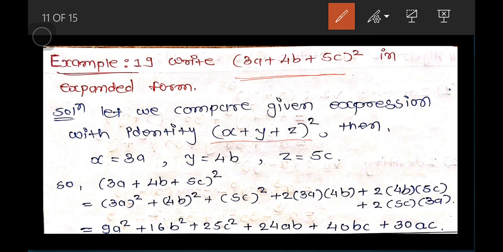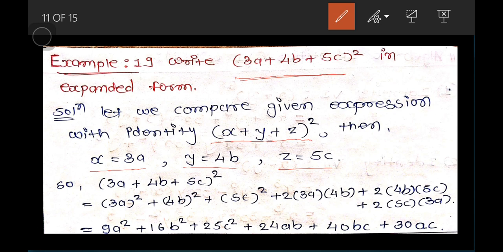Then here you can see that x is 3a, y is 4b, and z is 5c, and we have the formula (x plus y plus z)² is equal to x² plus y² plus z² plus 2xy plus 2yz plus 2xz.